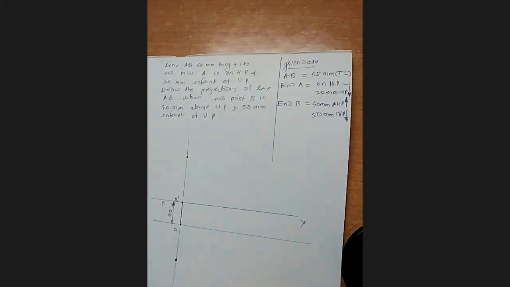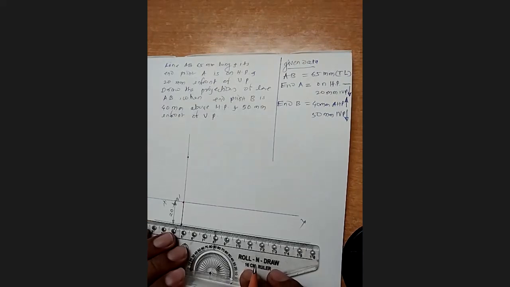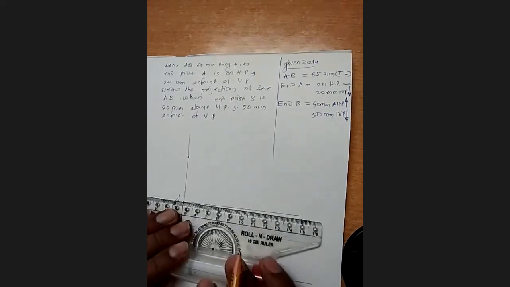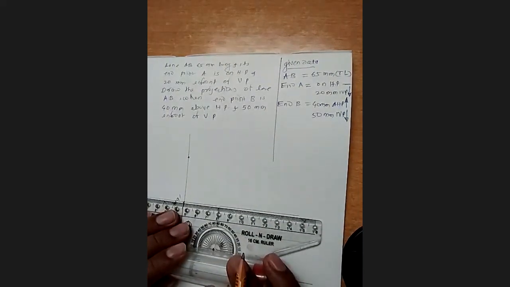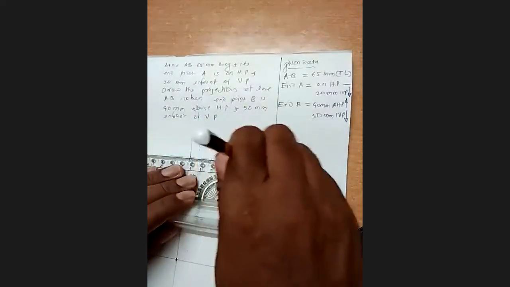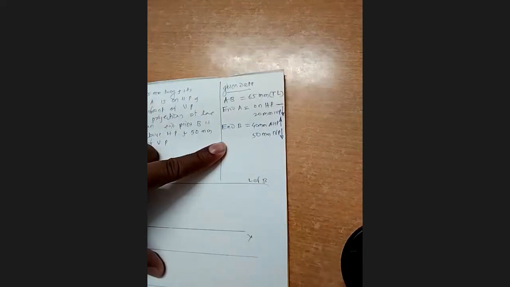Now I will draw the locus of B, taking a line parallel to XY line. So this is the locus of point B. I will write here locus of B, or we can say B dash and locus of B. Simple. Okay.